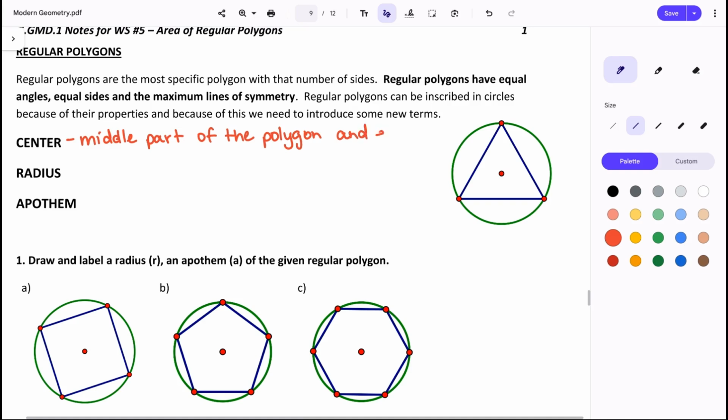And it's going to be equidistant. Remember, equidistant means equal distance. So it's going to be equal distance from the corners of the shape, the triangle or the square or whatever your shape is, and the sides. So I'm going to say it's equidistant from corners and sides.